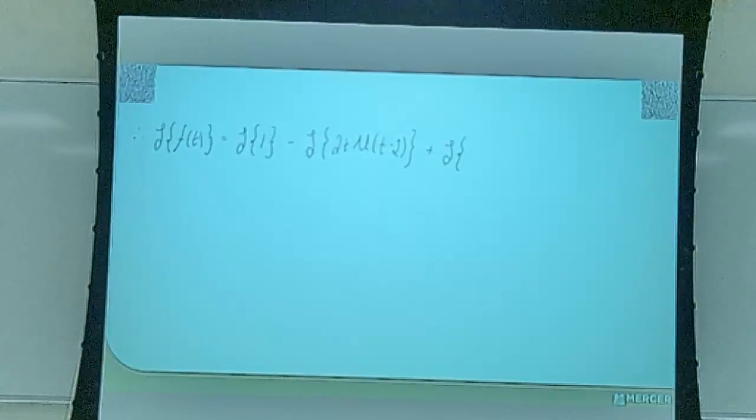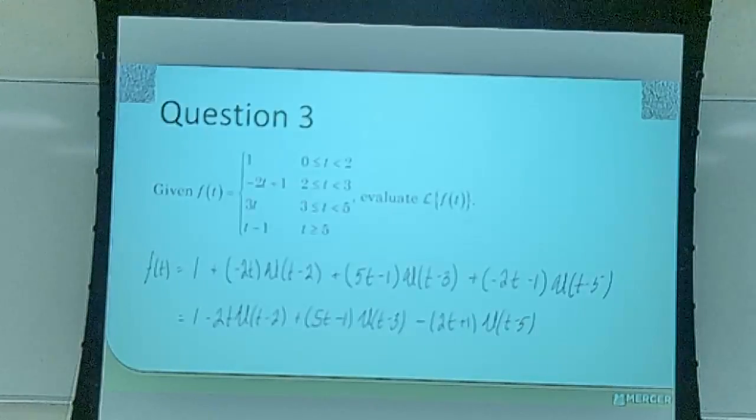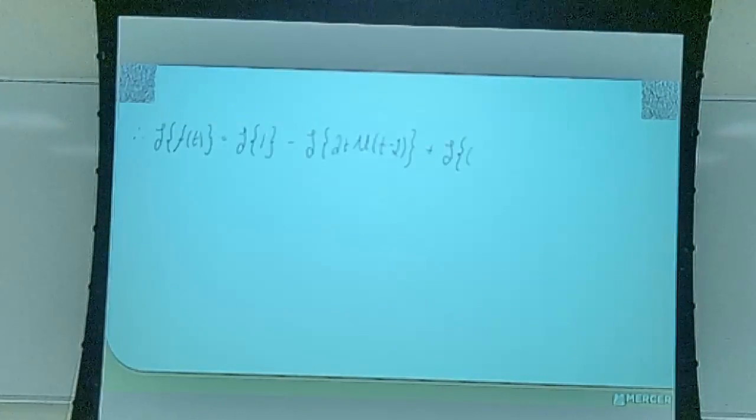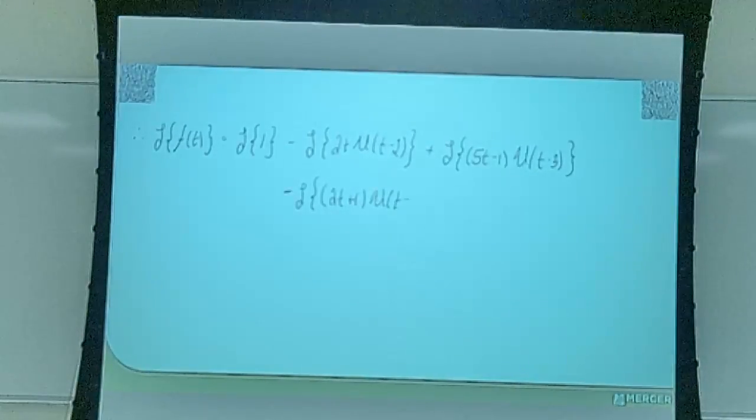Plus the transform, what do we have? 5t minus 1 times u of t minus 3, minus the transform of 2t plus 1 times the unit step function at t minus 5, right?